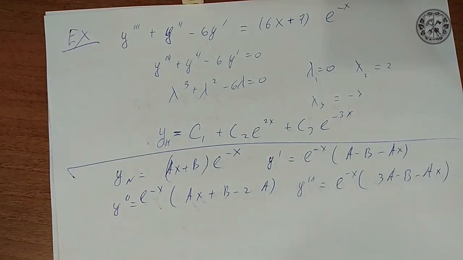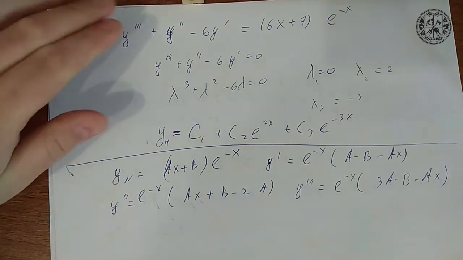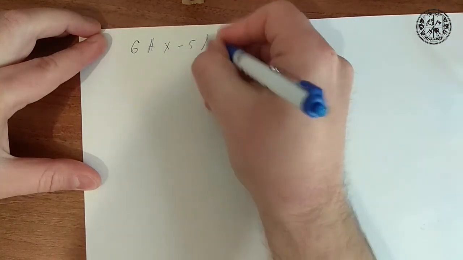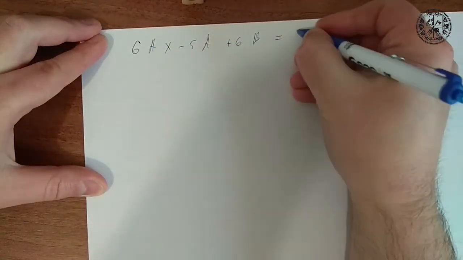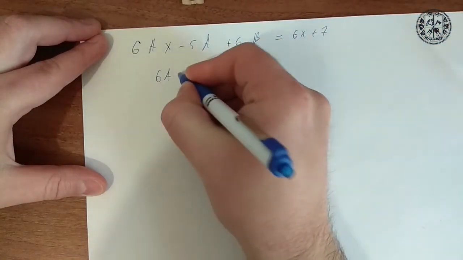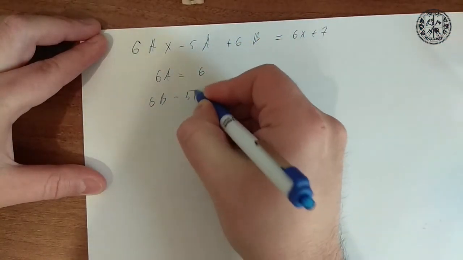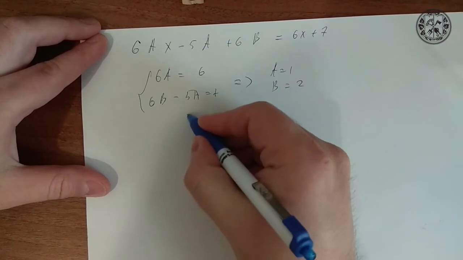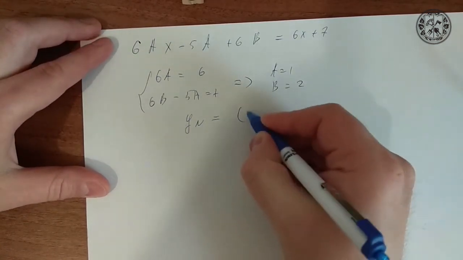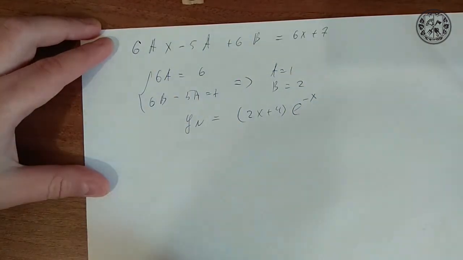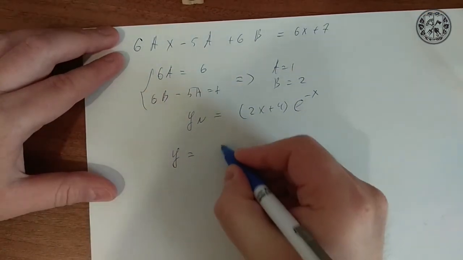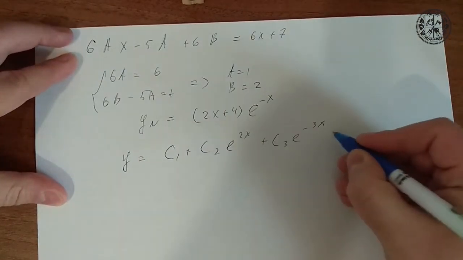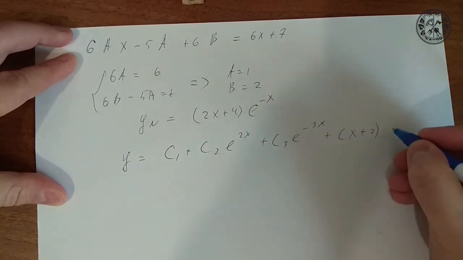So if you substitute all these functions into our initial equation, we will have 6ax minus 5a plus 6b equals 6x plus 7, so 6a equals 6, 6b minus 5a is 7. From here a is 1, b is 2. So yn will be x plus 2 times e power minus x, and the general solution will be c1 plus c2 e power 2x plus c3 e power minus 3x plus x plus 2 e power minus x.